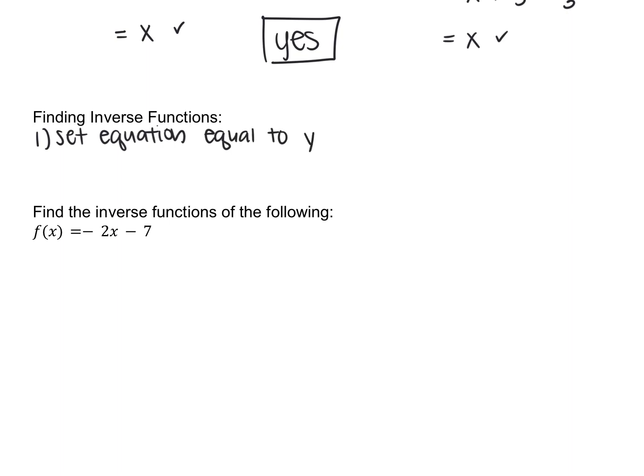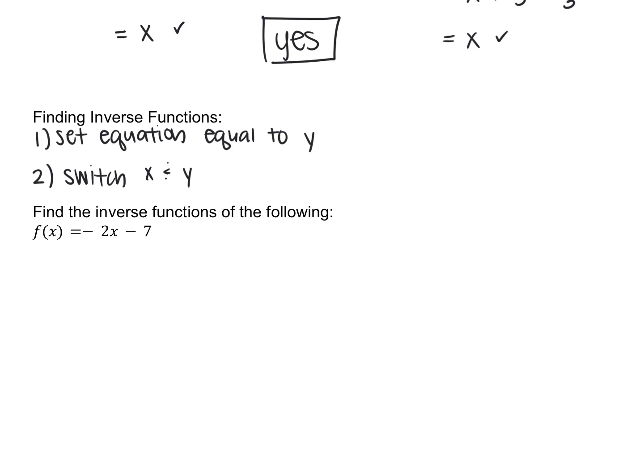So we don't actually use function notation to find an inverse. We use y equals. So no matter what function notation you're using, you'll always rewrite it as y equals. And then as we've previously discussed, an inverse just switches x and y. So your second step is to then switch x and y in your equation.